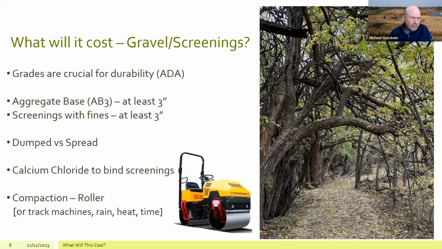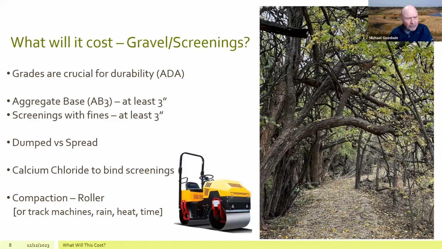So if you dump piles of the limestone screenings, you then have to have another machine, a skid steer usually, to spread those and to lay them along the trail length. If you have a truck that can do a spread gate and drop it as it flows, then that's another way to approach laying down the gravel and takes much less work with other equipment like a skid steer.